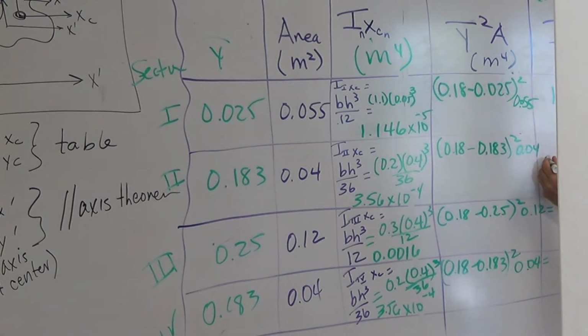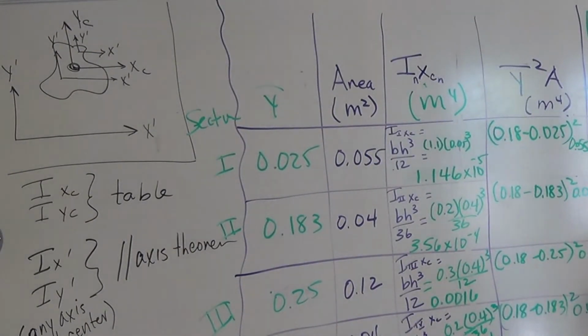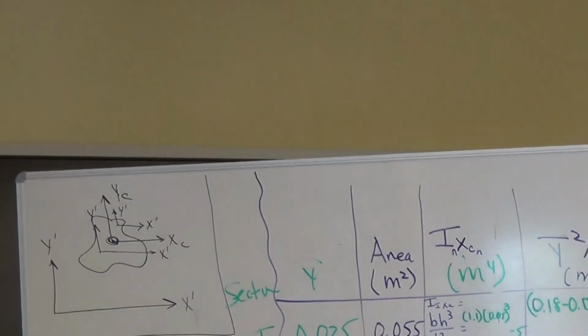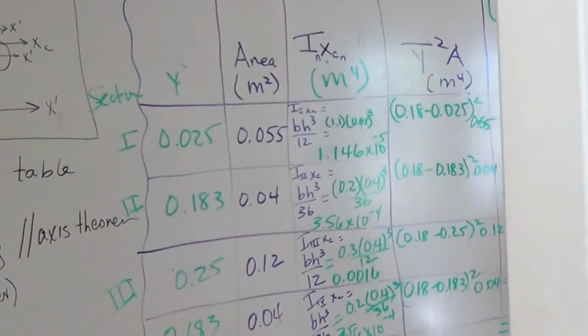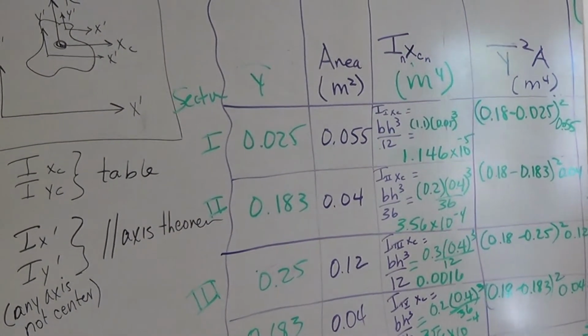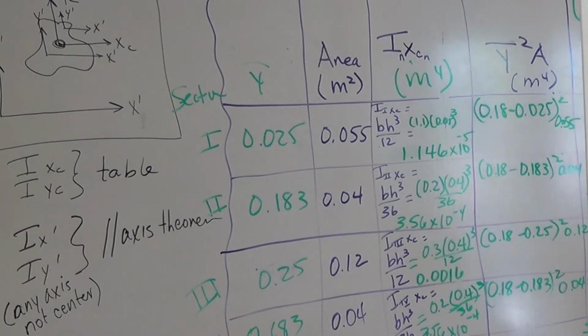Next one? 3.56 times 10 to the negative 4. Okay. And then we total it up. What's the sum? 4.33 times 10 to the negative 3, and the units are meters to the fourth.